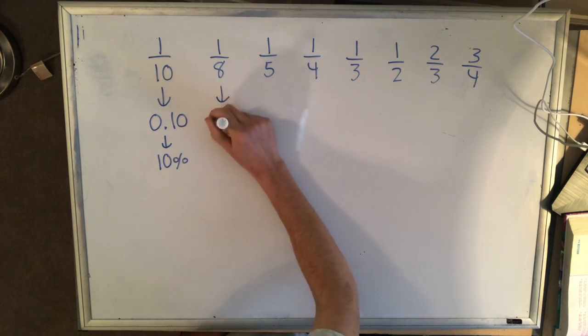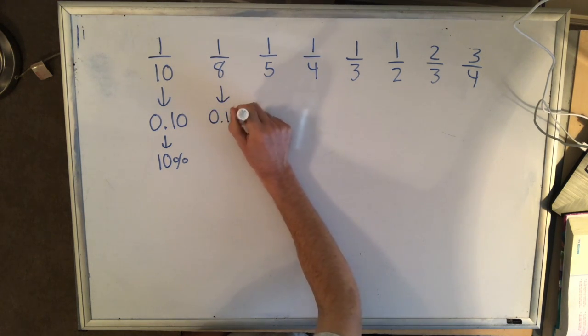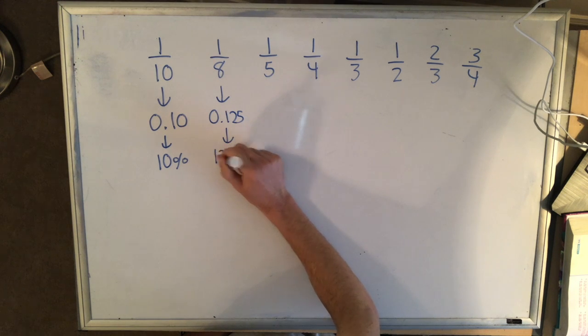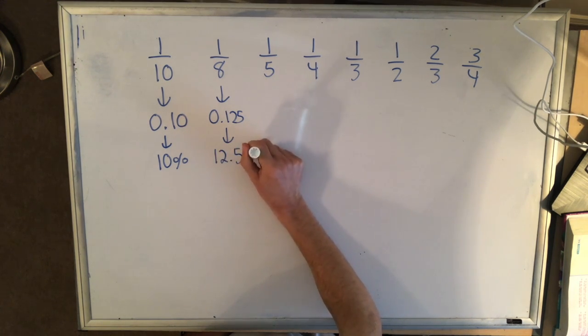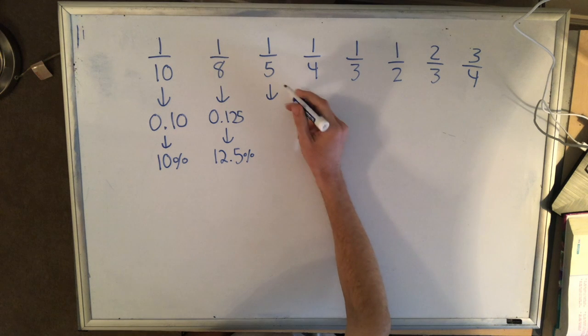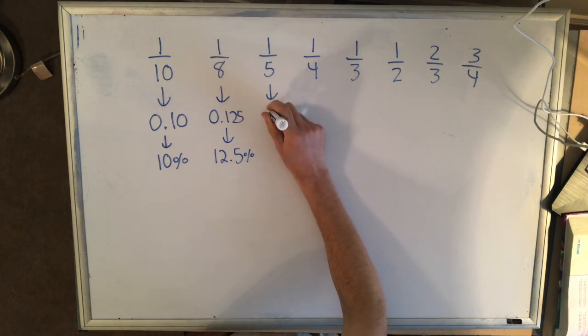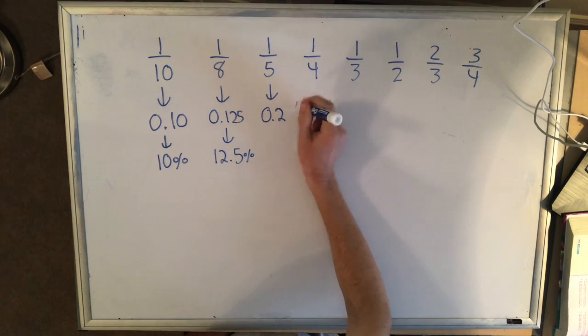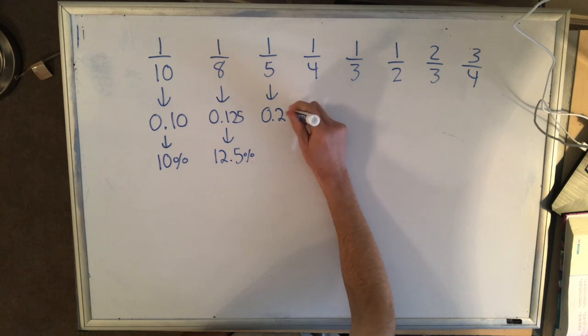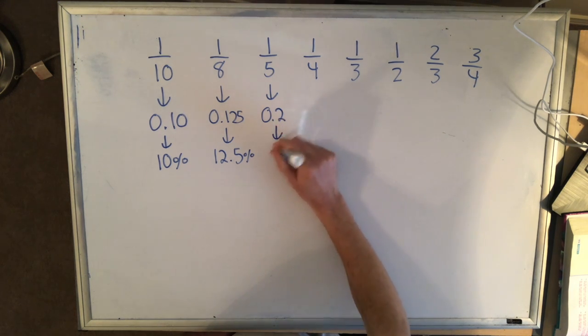1/8 is 0.125, which is 12.5%. 1/5 is equal to 2/10 if you multiply both the top and bottom by 2. And that's 0.2, which is the same thing as 0.20, which is 20%.